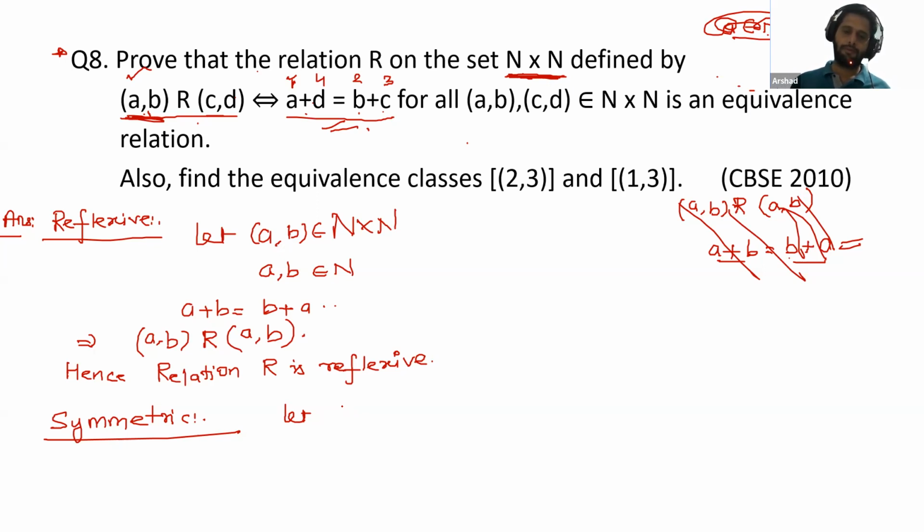Let A, B, C, D belong to N. Very good. We will write like this: let A comma B comma C comma D belong to N cross N. In symmetric, we need two values.